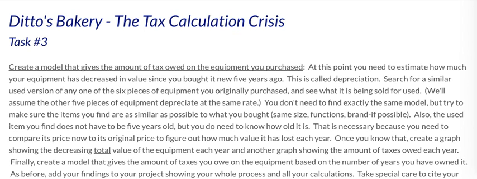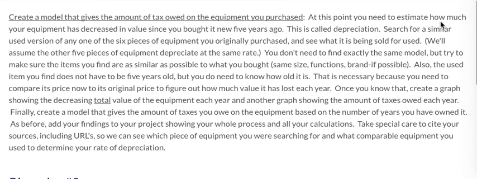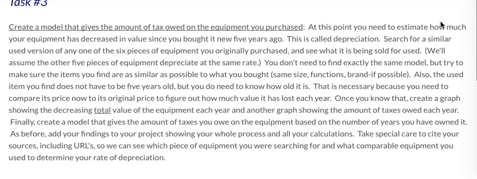Finally, and this is the main goal of this task, create the model that gives the amount of taxes you owe on the equipment based on the number of years you have owned it. So again, your independent variable ought to be the number of years. And this year should be where t equals 5, or x, or whatever variable you use for your independent variable.